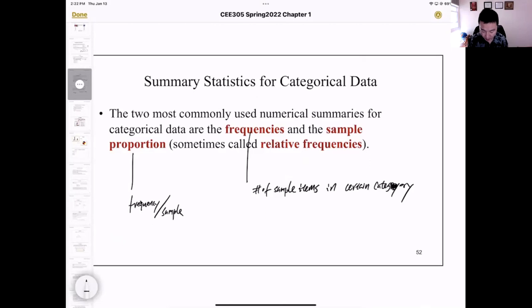Sometimes it's also called relative frequency.